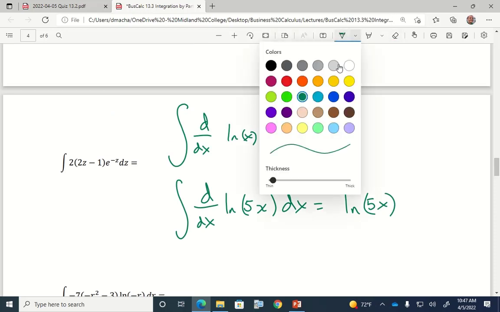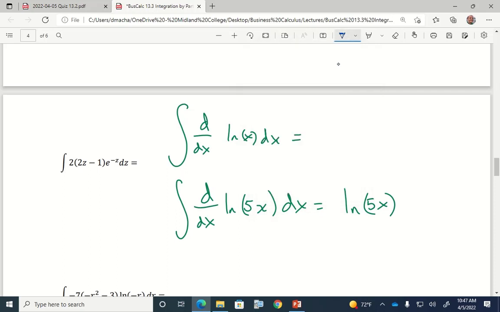hopefully this is going to be a very quick explainer. The derivative of natural log x is 1 over x. The antiderivative of 1 over x is natural log x plus c.